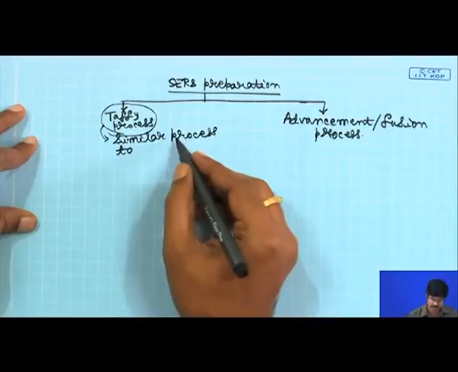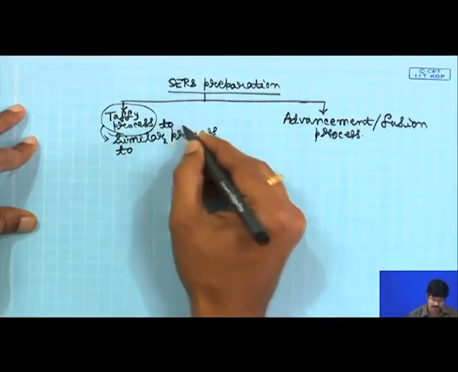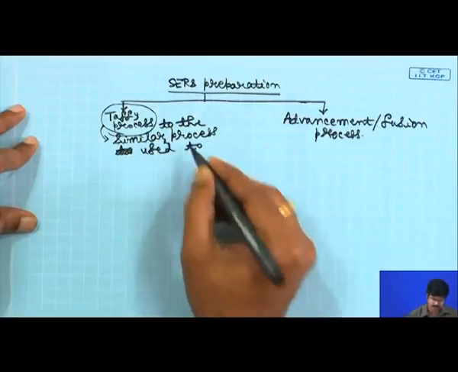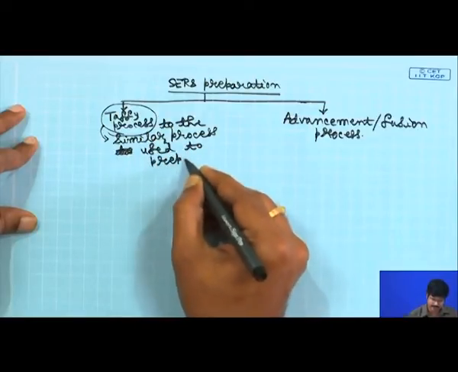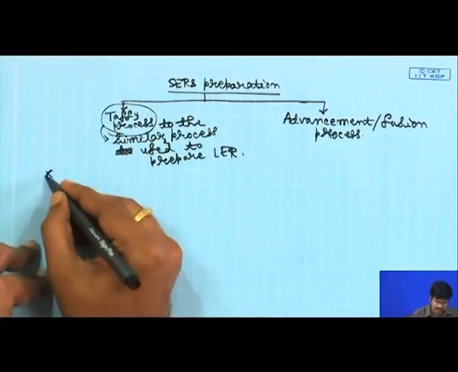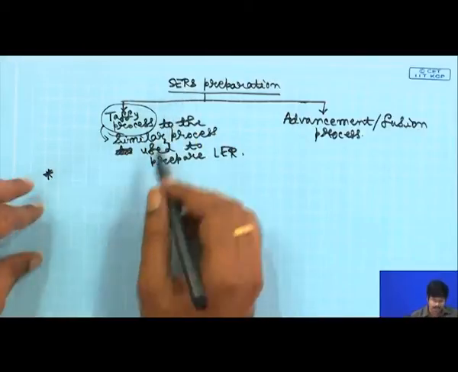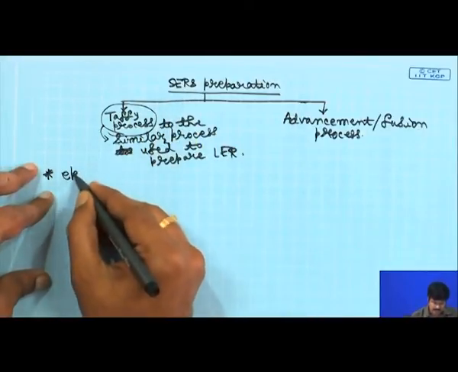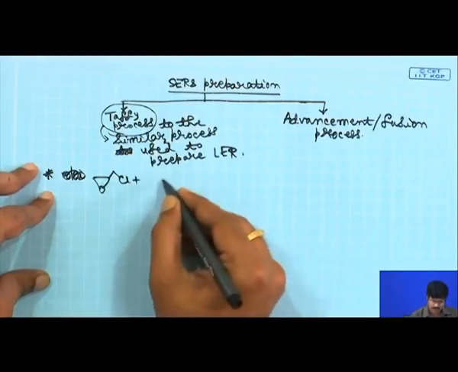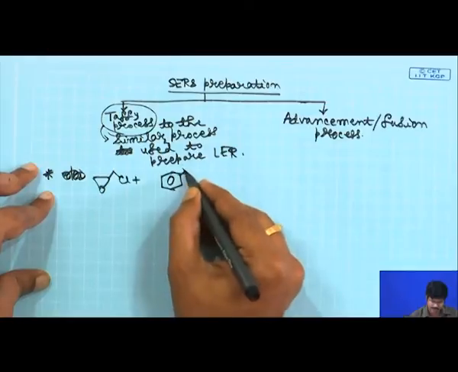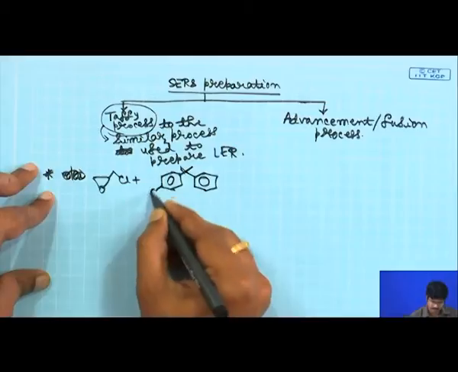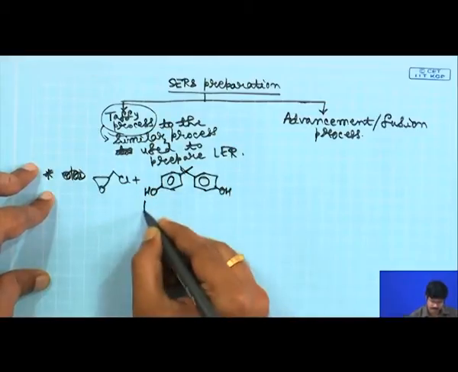So, what you do here, you directly obtain your solid epoxy resin by reacting your epichlorohydrin, which is this, with bisphenol A in presence of sodium hydroxide.